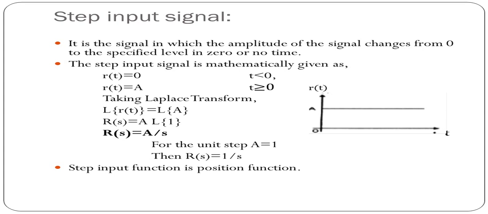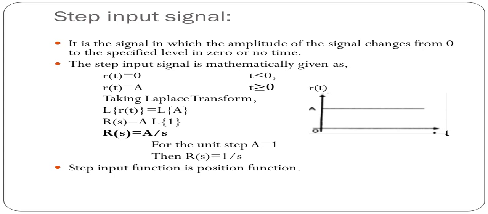Now let us calculate the Laplace transform of this signal. We have to take the Laplace transform of both sides, that is left side and right hand side of the given equation, and the equation for this step input signal is r of t is equal to A. So taking the Laplace transform, the Laplace of r of t is R of s.